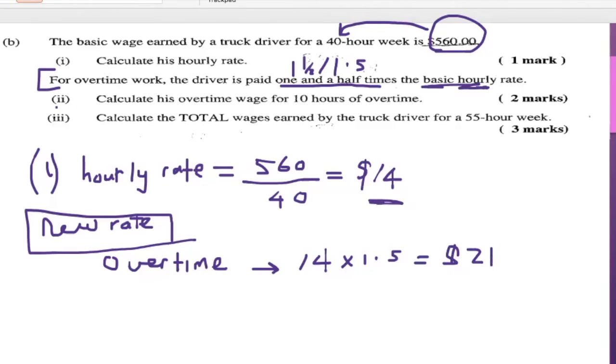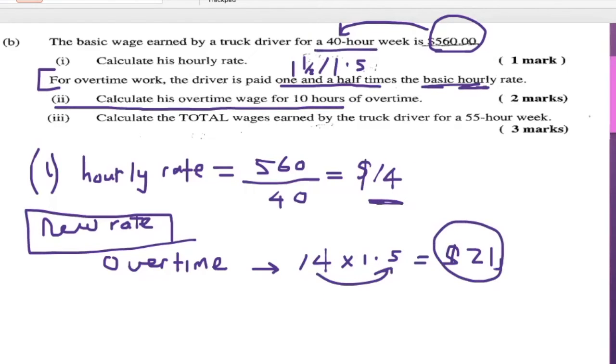So it says, calculate his overtime wage for 10 hours. So this is how much you're paid for an hour overtime, 14 times 1.5. If they said double, then we would have said 14 times 2.